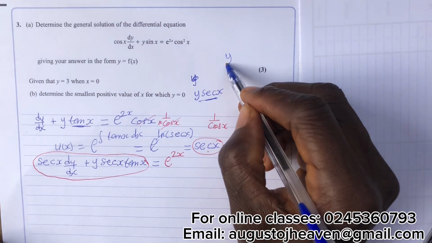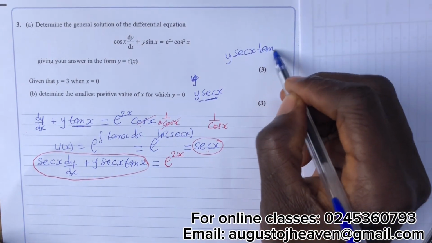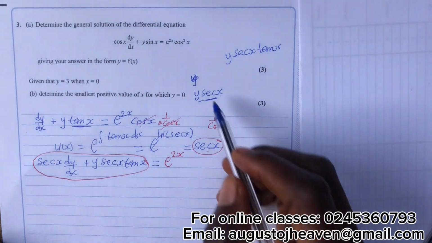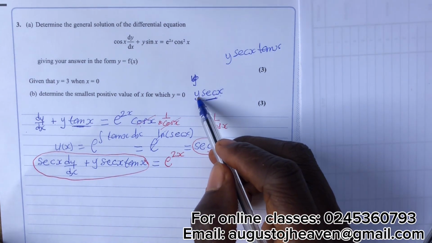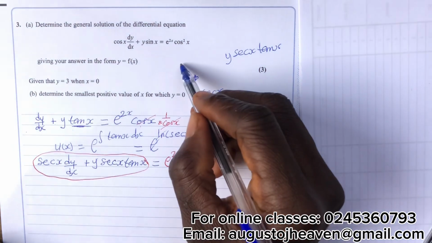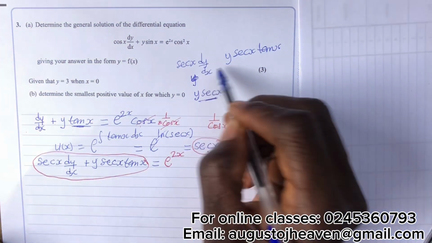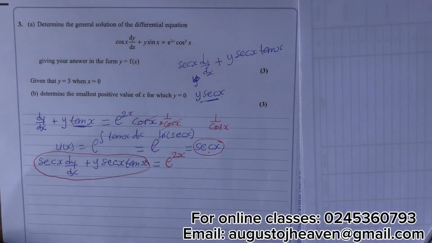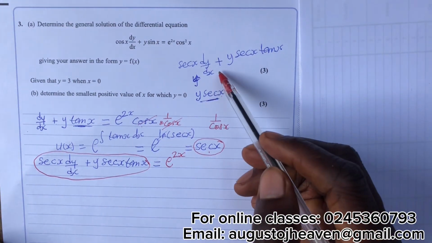That will give us y times secant of x tangent of x, and then we keep this secant of x also there and differentiate y with respect to x. That will give us secant of x dy on dx, and we add, addition as the product rule.